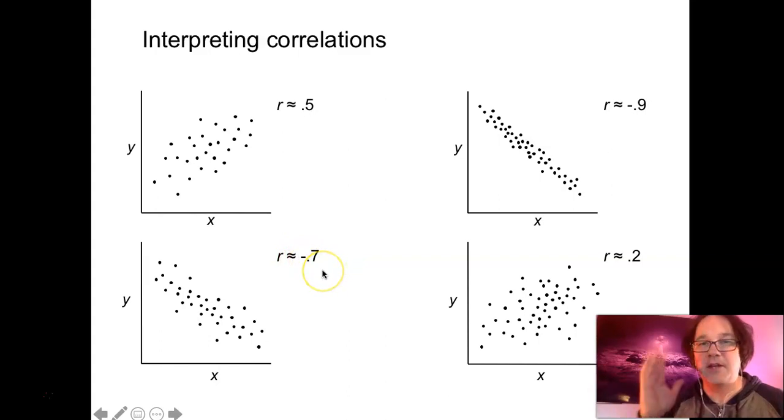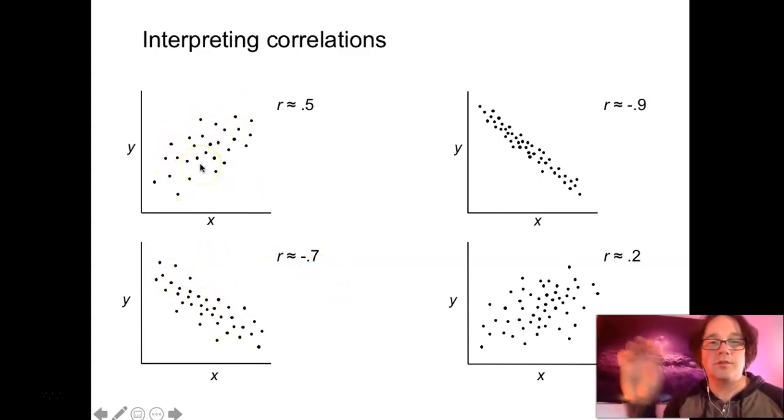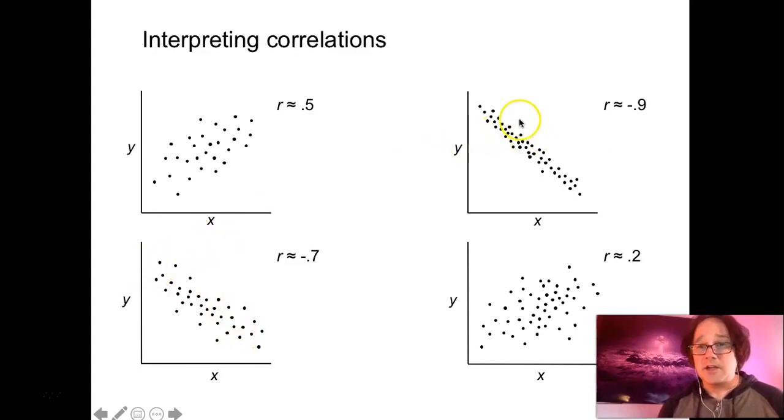So let's keep it as about a negative 0.7 here. It's a much tighter distribution of scores or pattern of scores than the first one, but there's still quite a bit of space, quite a bit of variance between these scores.